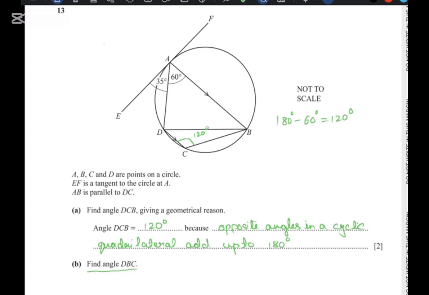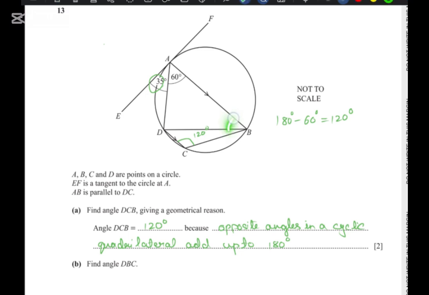Find angle DBC. They are asking us to find angle DBC. So DBC is this angle. To find that angle, let us take the help of other angles given here. We have also been given 35, which is the angle with the tangent here, and the alternate segment is this.